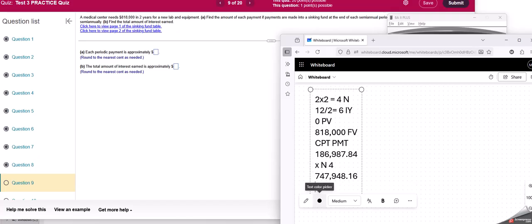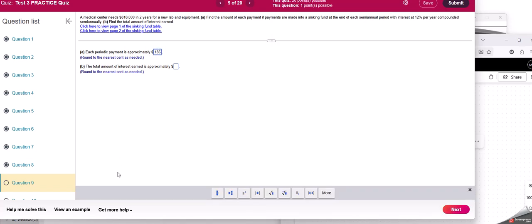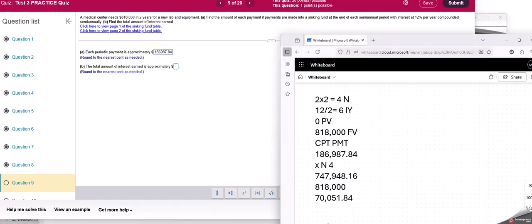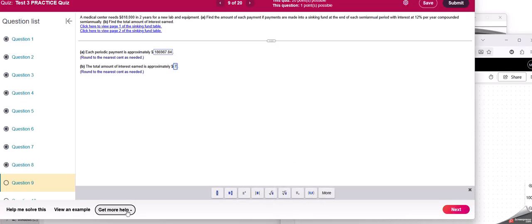And then we'll compare that to 818,000. The difference is $70,051.84 that they will have made in interest. So the periodic payment is 186,987.84, and the difference is 70,051.84.